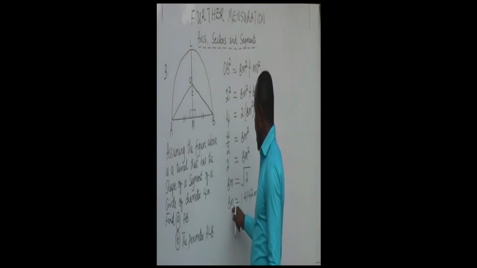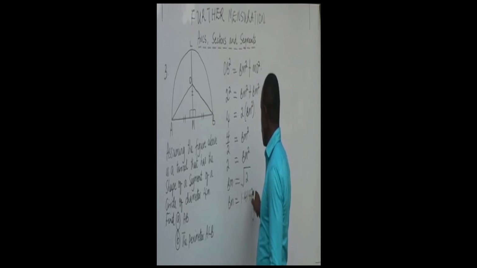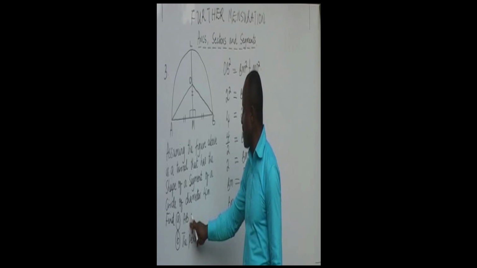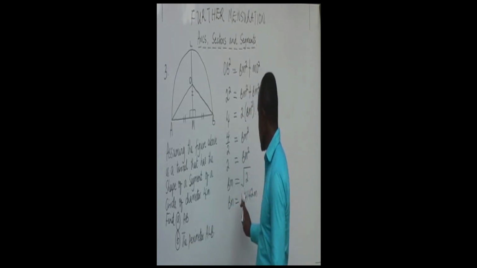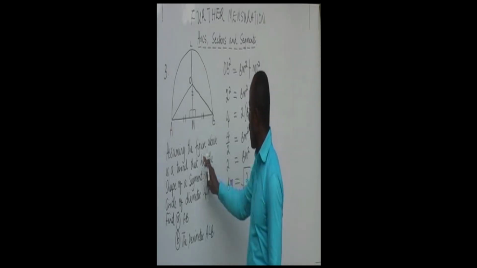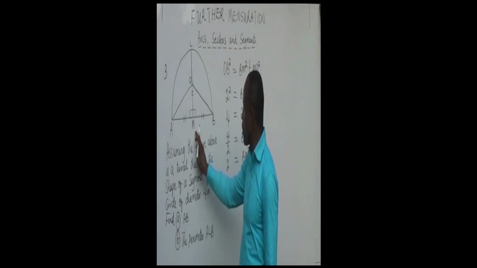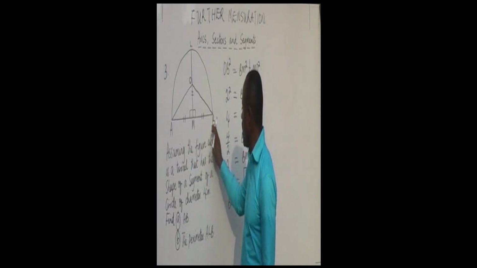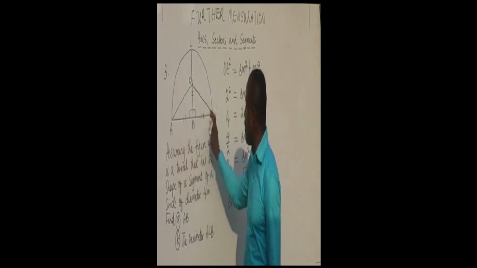Now, if BM is 1.4142 meters, that means AB, which the question is asking after, will be 2 times 1.4142, because BM is equal to AM, and AM plus BM is equal to AB.